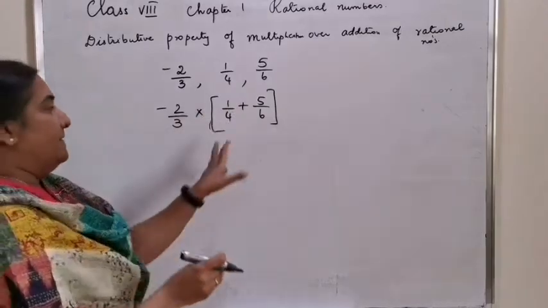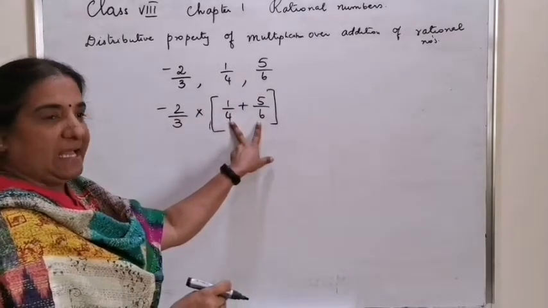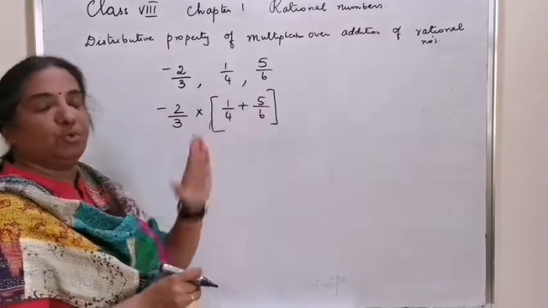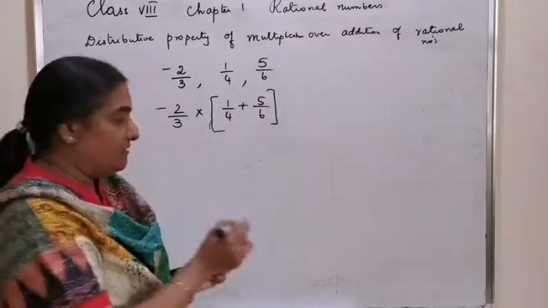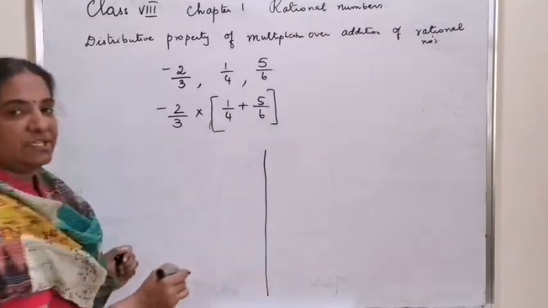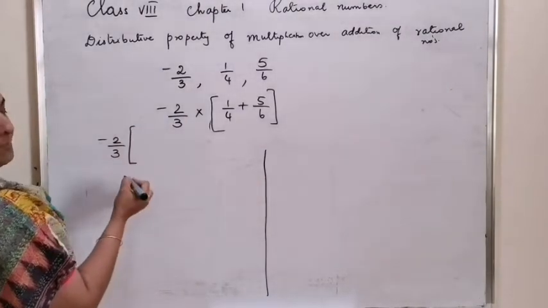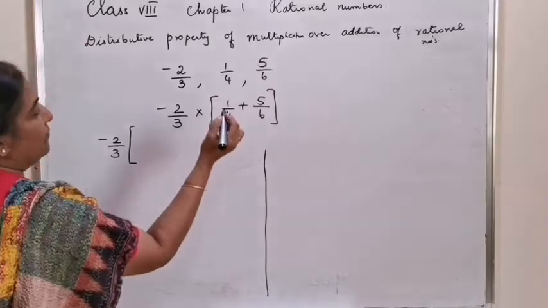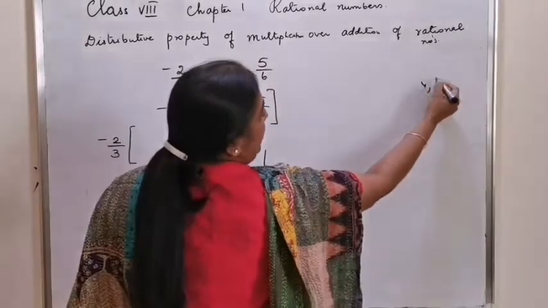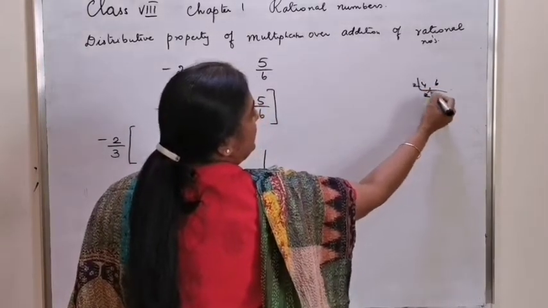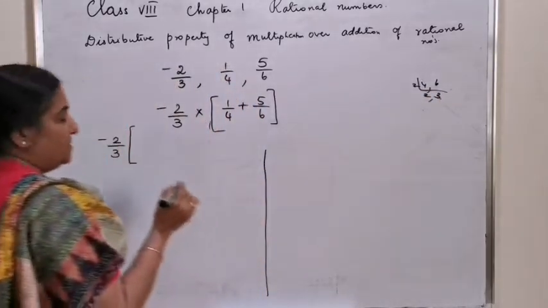That is, there is addition of rational numbers and the multiplication over addition. The first method of calculation is minus 2 by 3 into the LCM of 4 and 6. LCM of 4 and 6 is 2 2s are 4, 3 4s are 12.